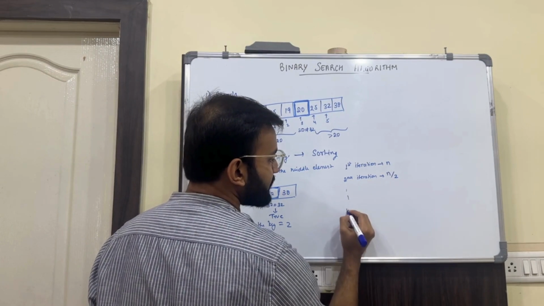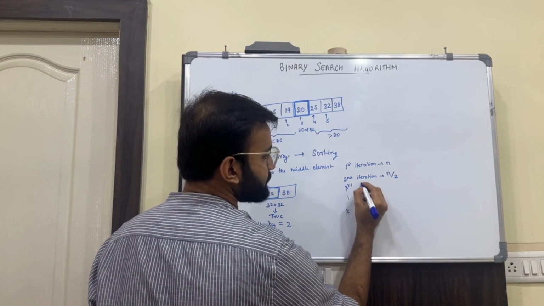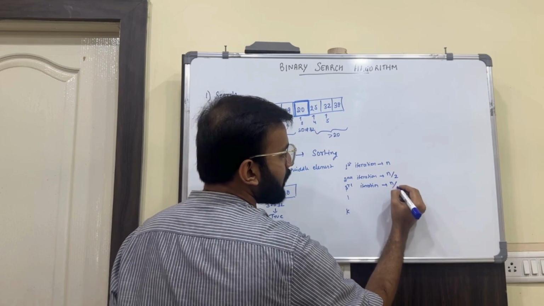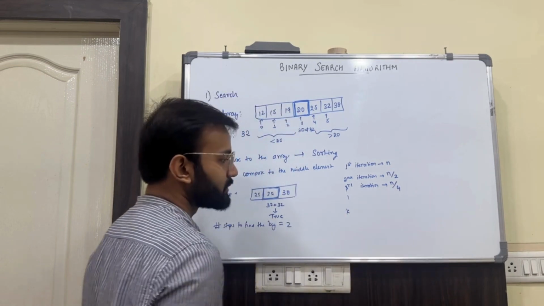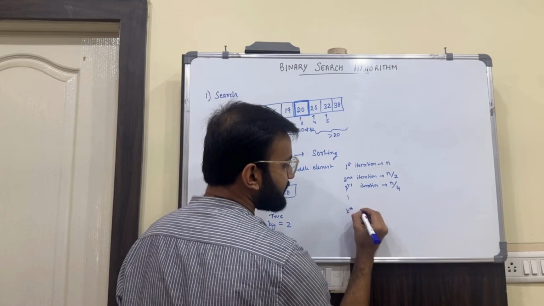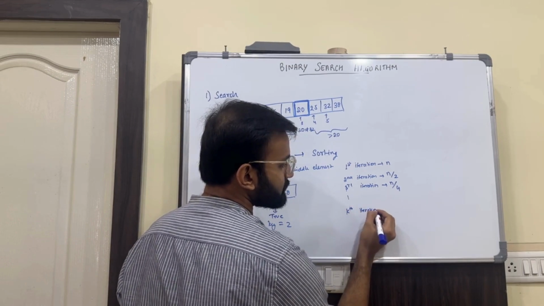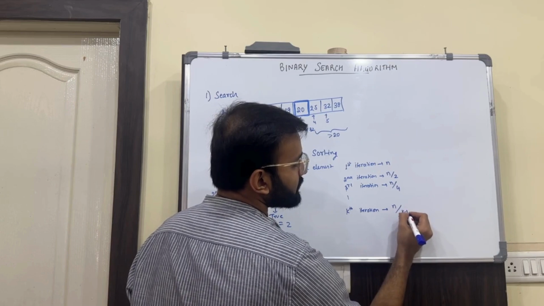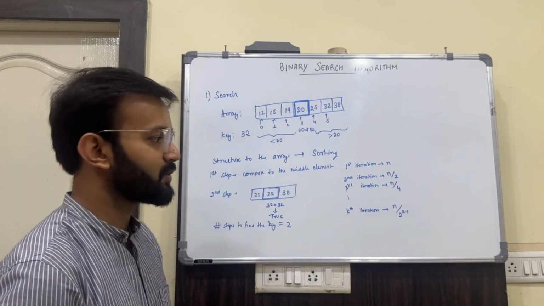In the third iteration, this number reduces even further; it's halved again. After the kth iteration, I will be left with n upon 2 to the power k minus 1 elements.